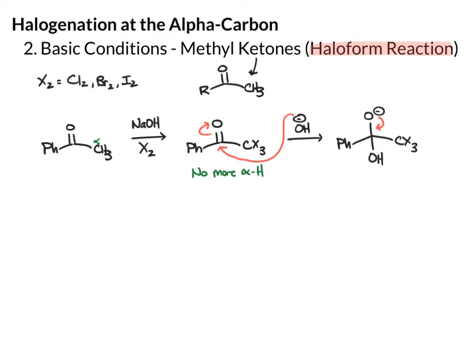But the difference in this case is because we've trihalogenated the carbon, this actually becomes a good leaving group now. So what can happen when that pair of electrons comes back down here, instead of losing the hydroxide, this can lose the CX3 group.